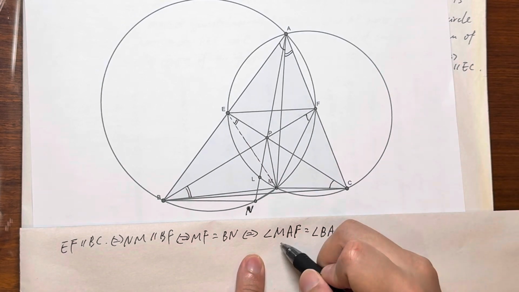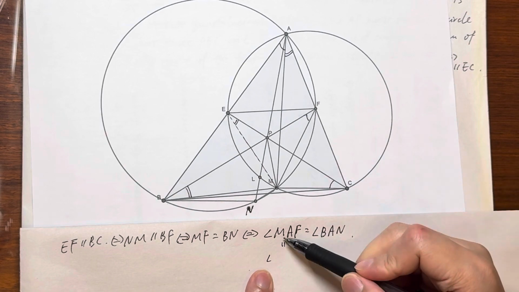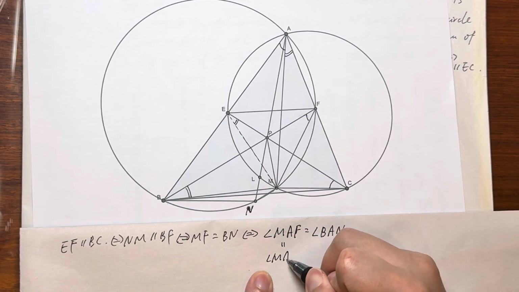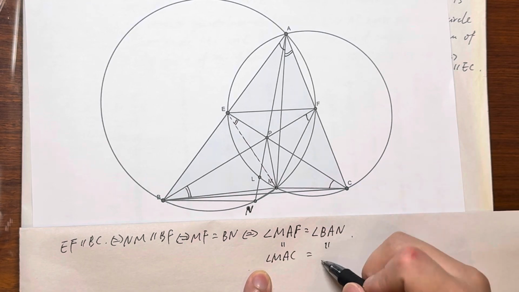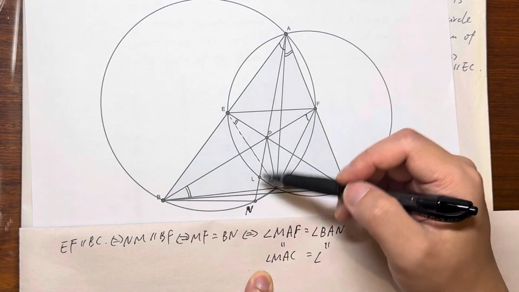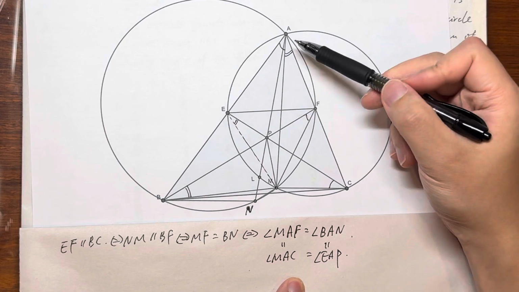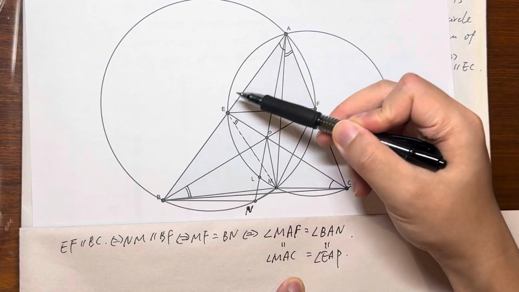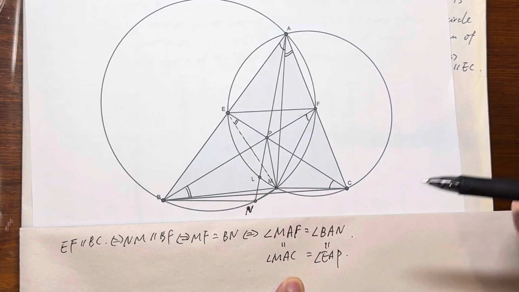Why do I want to say angle MAF equals MAC, and call angle BAN angle EAP? Just because I noticed that angle AMC equals angle AEP, because AEMC are cyclic.